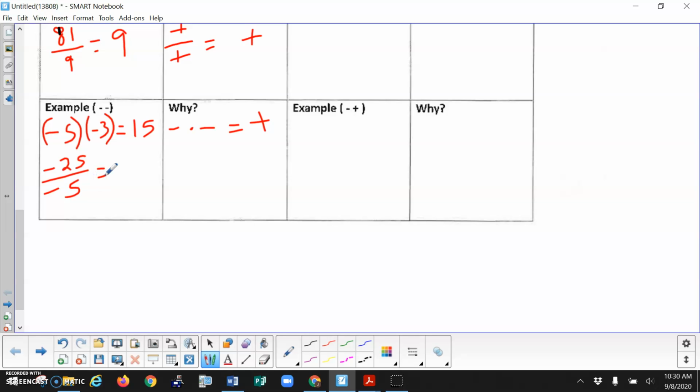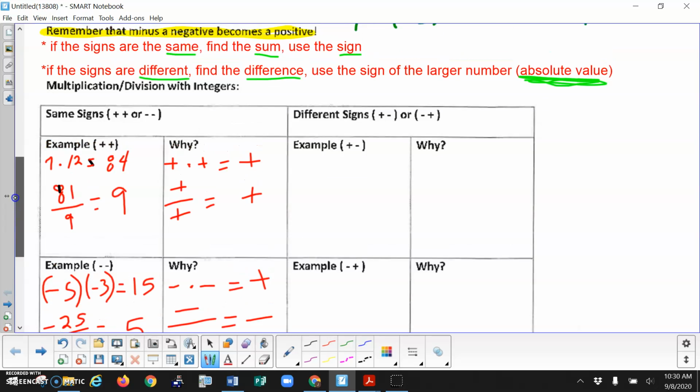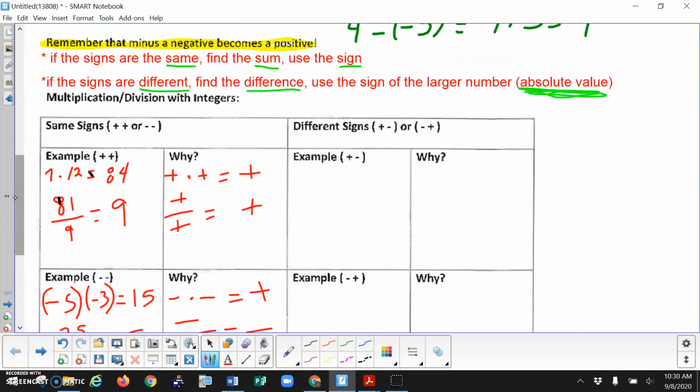Negative divided by negative is going to give me a positive 5. So no matter if it's the quotient or the product, if your signs are the same, a positive and a positive or a negative and a negative, the answer is always going to be positive.